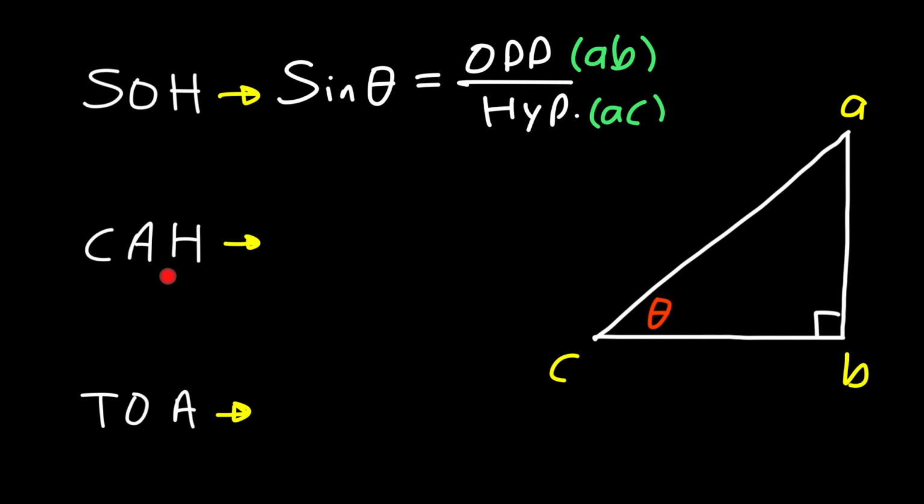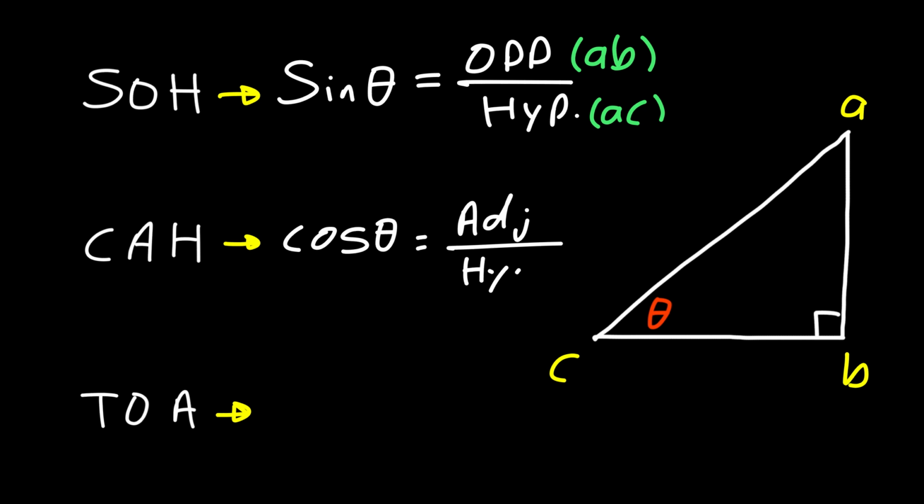Let us jump to CAH. CAH is the shortcut for cosine theta, which equals adjacent divided by hypotenuse. Again, we have to imagine ourselves standing here at the angle theta because we are studying the angle theta.